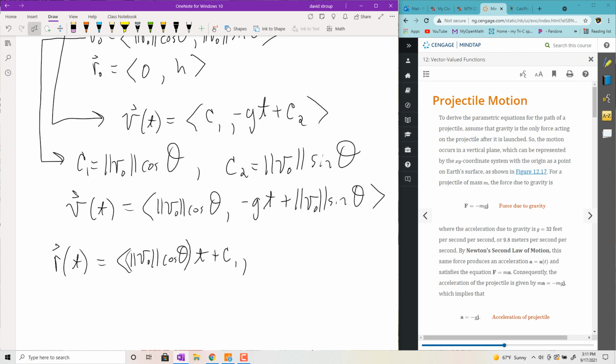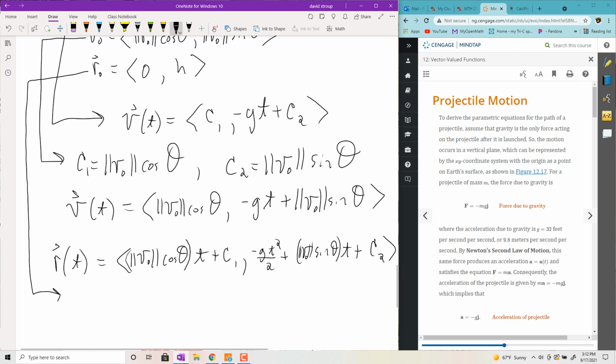And then integrating the other one, you get negative gt squared over 2 plus the magnitude of v sub 0 sine of theta t, and then plus C2, right?